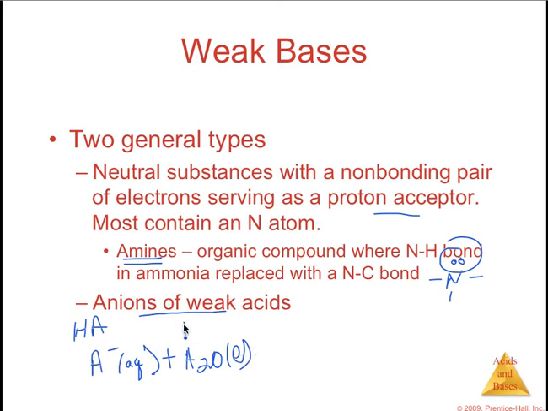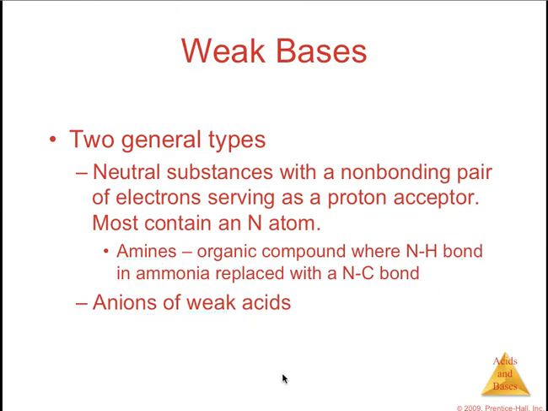Remember, you can think of water as being a hydronium ion and a hydroxide. So this is going to set up an equilibrium where the A minus is going to form that, and the hydroxide ion. And it is weak acids that will do this.